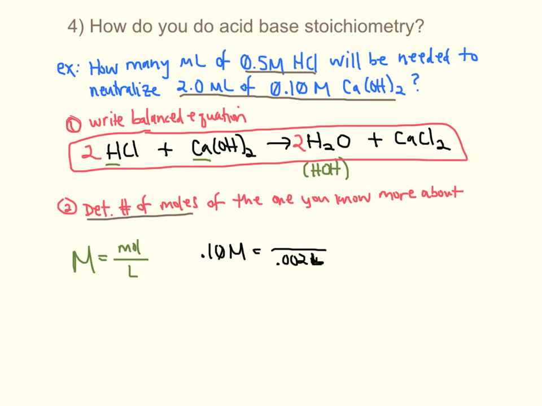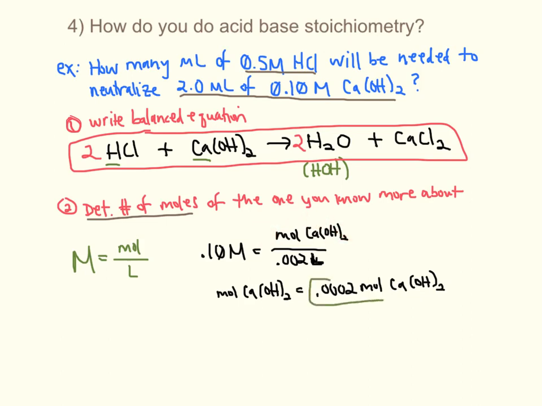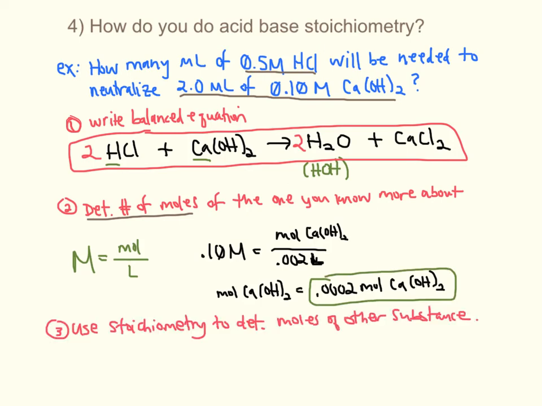And then, of course, we will solve for our moles of calcium hydroxide because that's what we don't know. So when we solve for moles of calcium hydroxide, we end up with this many moles of calcium hydroxide.